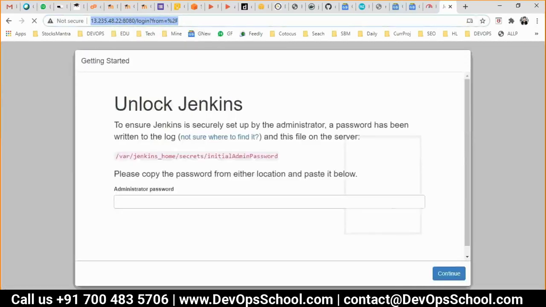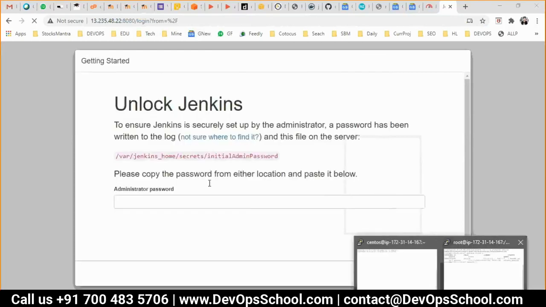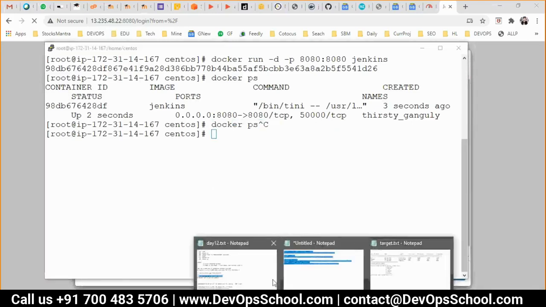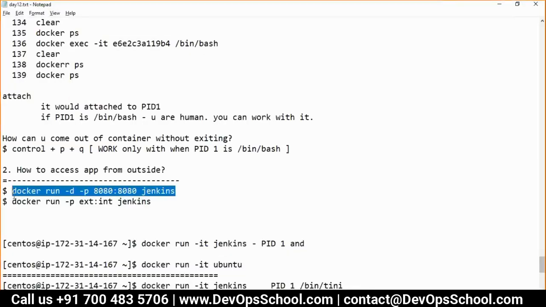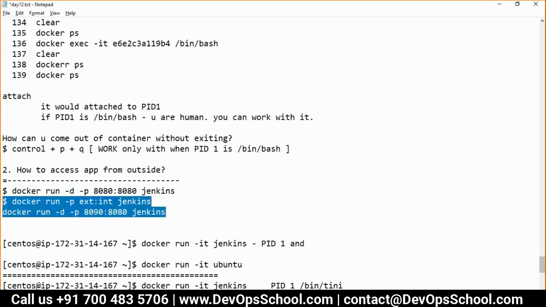And see Jenkins. Can I do one more time? Yeah, but you have to change the external port. Change it here, second, because only one network is there on the host machine.